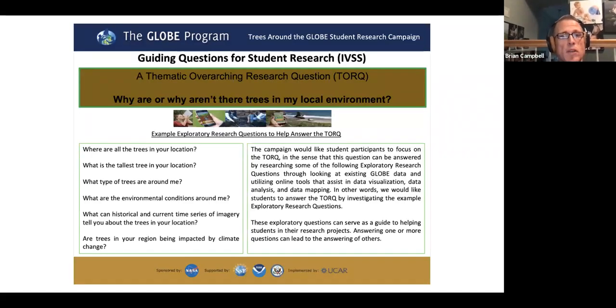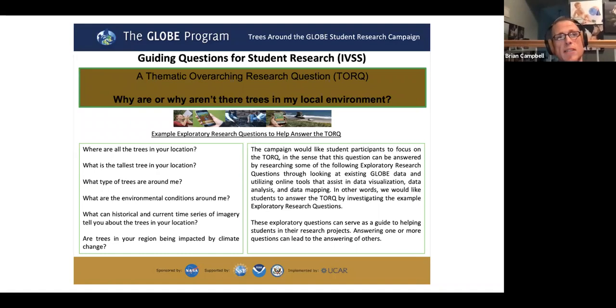One thing that we're really focusing on for the campaign this year is, since we're looking at data specifically, and that's what the NARM is all about, data literacy, we're focusing on a thematic overarching research question called a TORC: Why are or why aren't there trees in my local environment? In order to answer that question, we provided a bunch of example exploratory questions, just smaller questions that can be explored to help answer this larger research question.